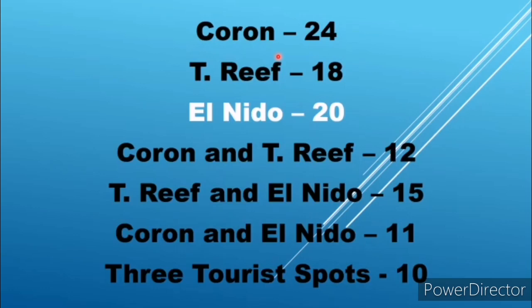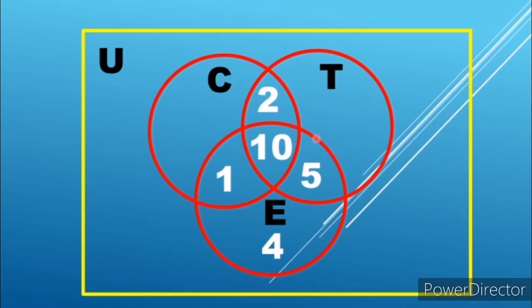Then, meron daw 20 na nagpunta ng El Nido. Pwede yung iba dito sa El Nido lang nagpunta, yung iba nagpunta din ng El Nido at sa ibang lugar. So para i-represent natin yon, eto yung El Nido, bakit po 4 na lang yung nilagay ninyo sa El Nido?